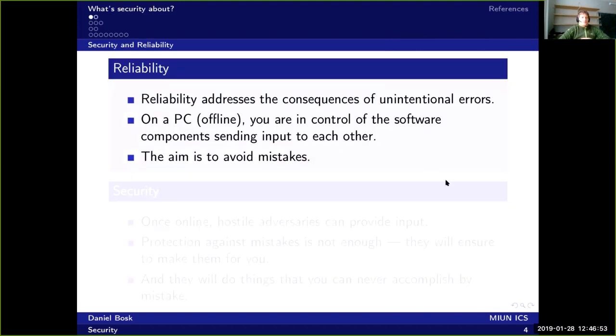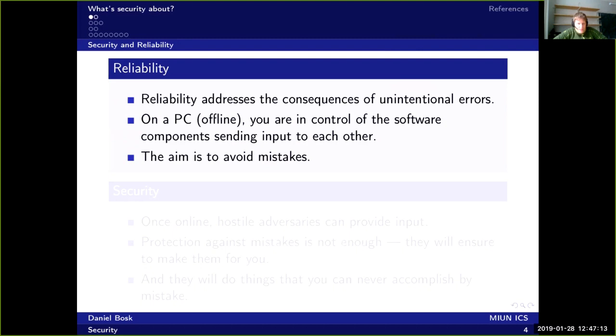So first, reliability. Reliability addresses the consequences of unintentional errors. So for instance, if you have a PC which is offline, then you are in control of the software components and you are in control of all the input that these software components send to each other.